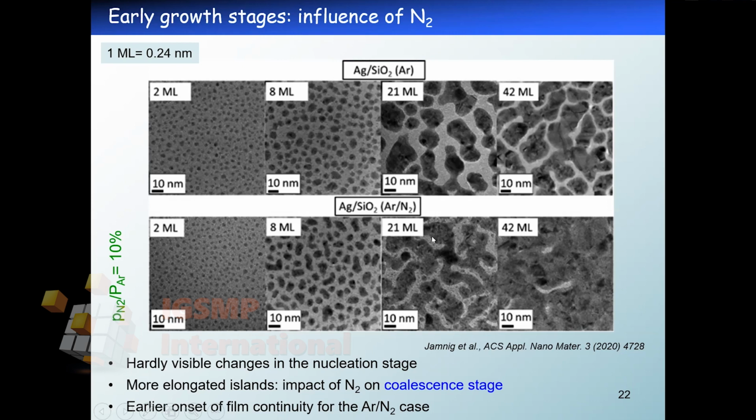But in the presence of nitrogen at the same nominal thickness, we observe more elongated structure and a more polycrystalline network. And the film will also completely cover the substrate earlier. So this is a proof that nitrogen has an impact on the coalescence stage.